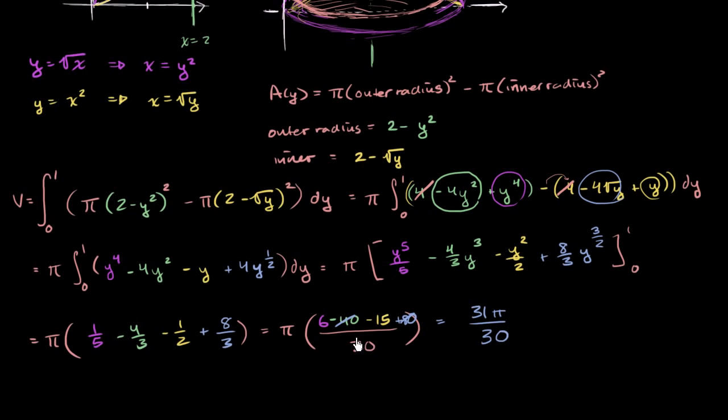I have a suspicion that I might have done something shady in this last part, so I'm going to do it one more time. 80 minus 40 is 40. 46, 46 minus 10 is 36. Minus another 5 is 31. So yes, we get 31 pi over 30 for our volume.